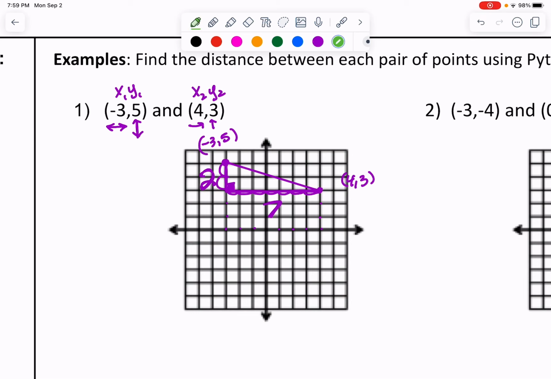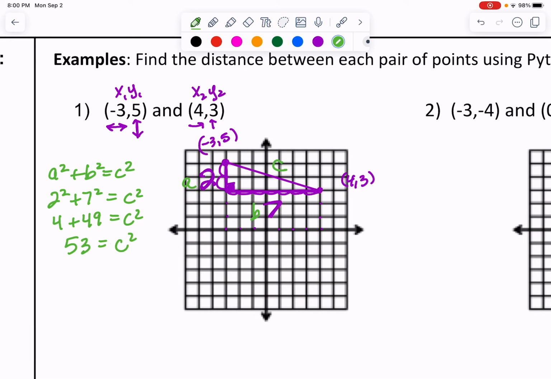So now I have A, B, and C. So I can say A squared plus B squared equals C squared. 2 squared plus 7 squared is C squared. That's 4 plus 49. 53 equals C squared.